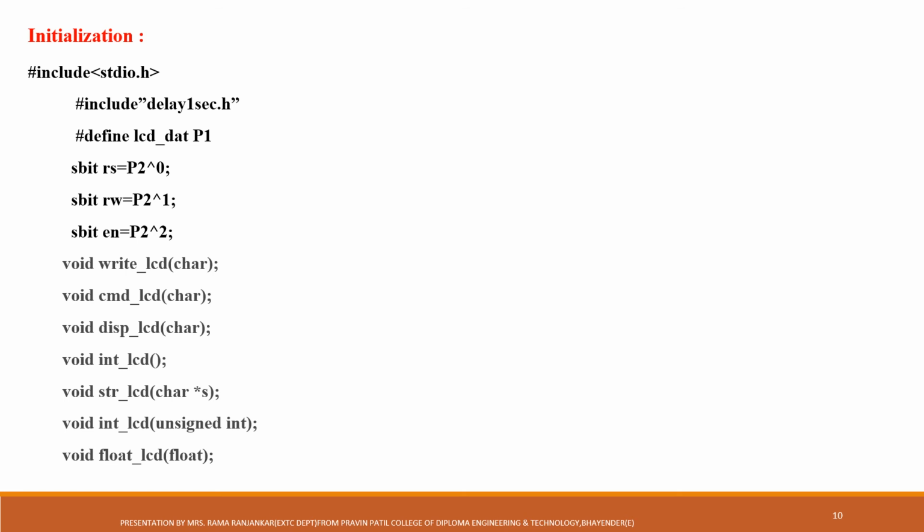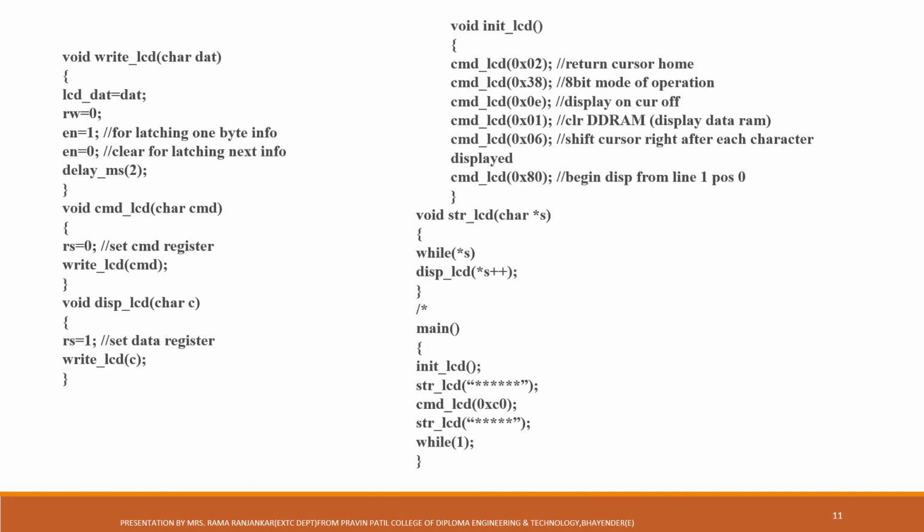Before writing this interfacing program, initialize these 3 pins. Then you initialize the different functions which we are using in the main program. So the LCD command function is there, the display function is there, the write function is there, and the string to be displayed is also defined here.